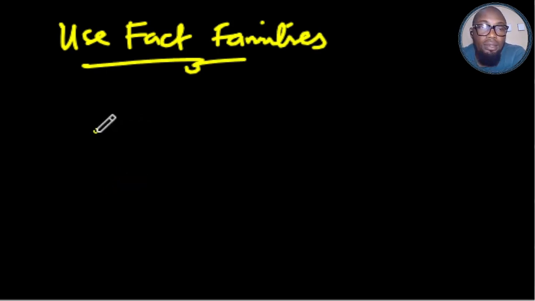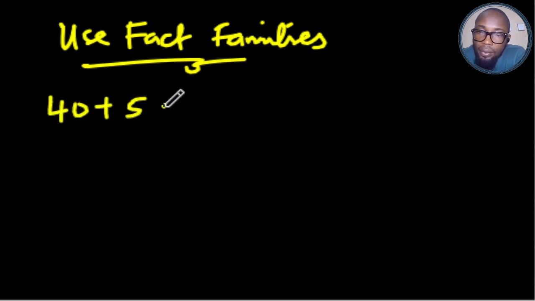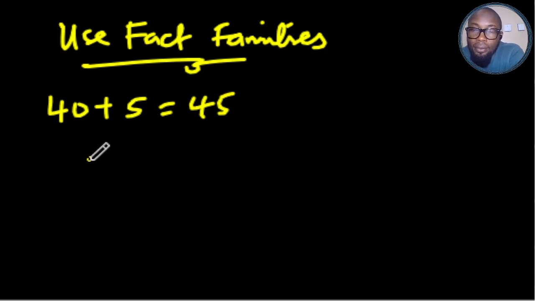The fact families are actually simple. If I give a random operation, let's take addition for example. We have 40 plus 5, and our answer is 45. Excuse me. 40 plus 5 is 45.